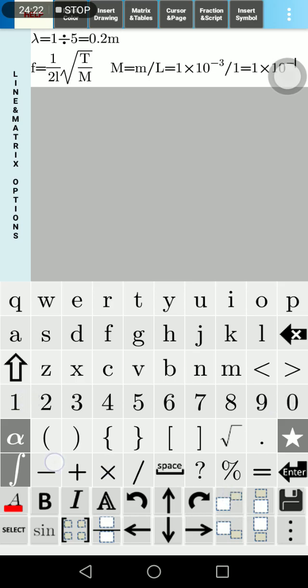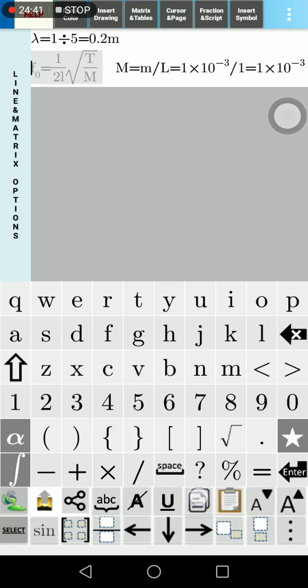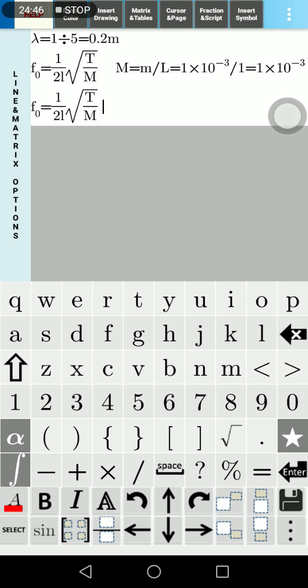Now we are permitted to use this because it is the mass per unit length. So that is the formula we're using for the fundamental frequency of a string. Copy this, come to the next line and paste. The length is 1 meter, so times 1.